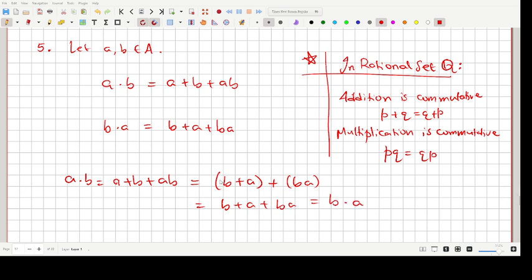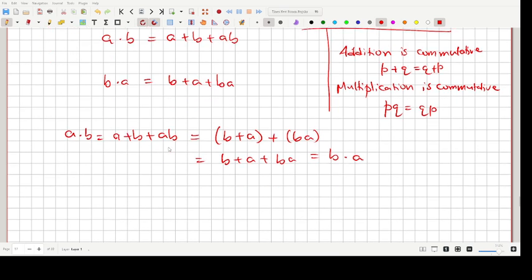Okay, so since the natural operation of rational numbers is somehow preserved in this particular set A, we can inherit the commutative property of the operations addition and multiplication to define that A plus B is equal to B plus A and AB is equal to BA, right?